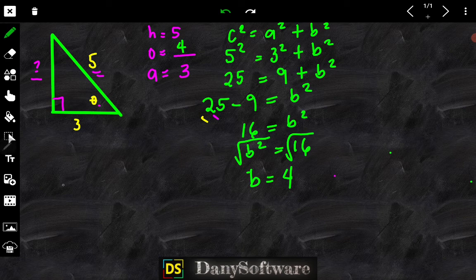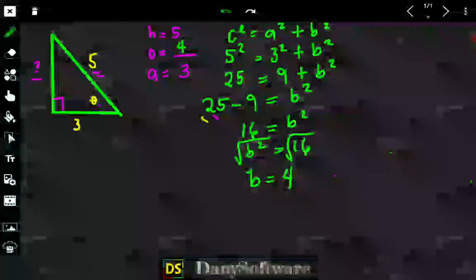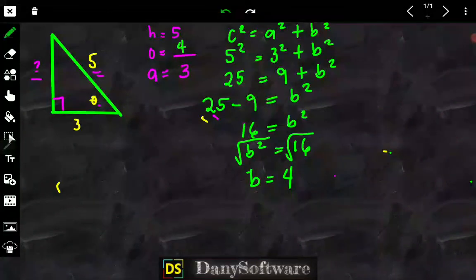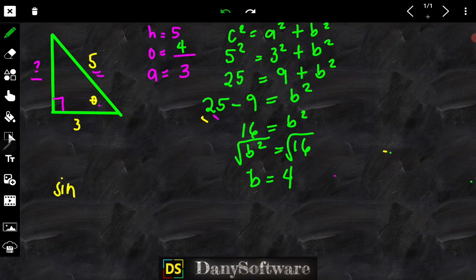Again, using SOH-CAH-TOA, wait, let me change the color para hindi tayo malito. So, sine theta is equals to opposite over hypotenuse. Then, we have cosine theta, that is equals to adjacent over hypotenuse.